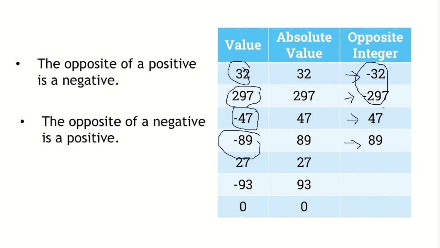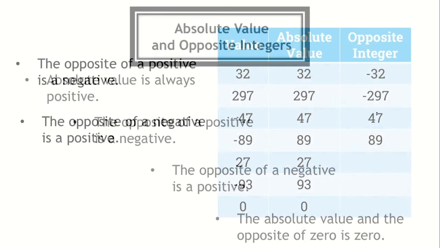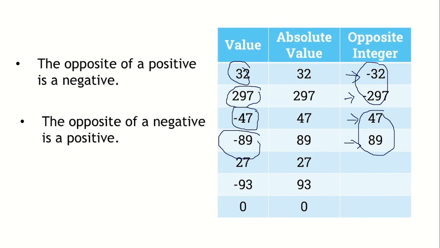So negative 47 to positive 47, negative 89 to positive 89. If we complete this, the opposite integer of 27, that's positive, so it's negative 27. The opposite of negative 93 is just positive 93. And of course, 0 is neutral. It's not positive nor negative. So it is still 0.